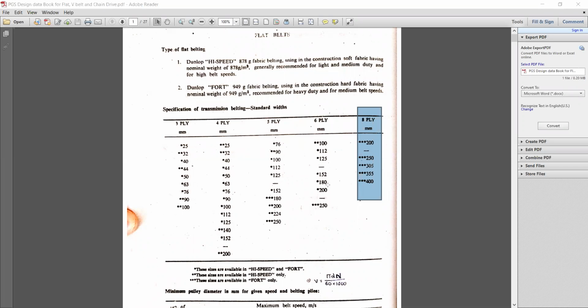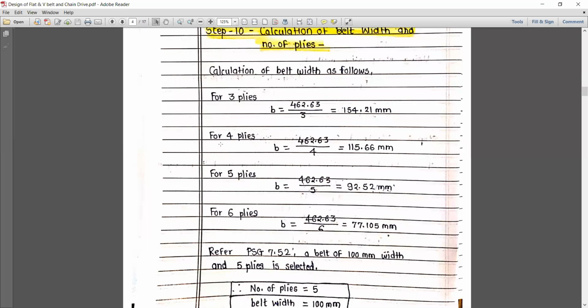Now select number of plies equal to 4, then belt width is equal to 115.66. When we consider number of plies equal to 5, B is equal to 92.52. When we use number of plies equal to 6, the value of B is equal to 77.105 mm.